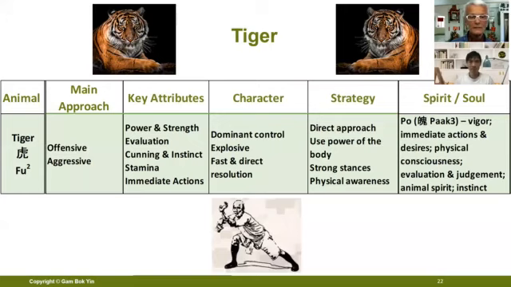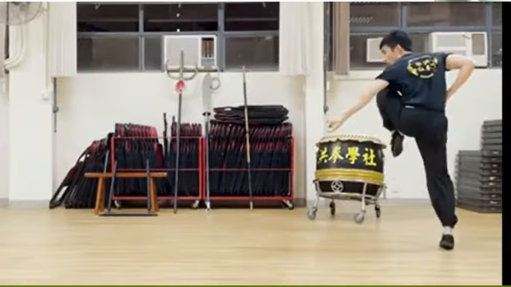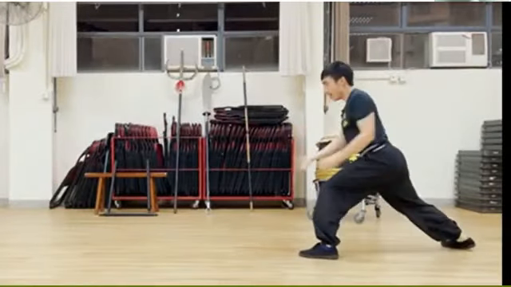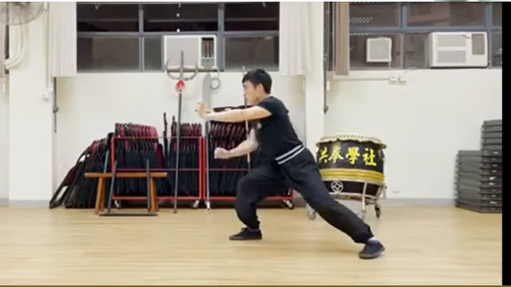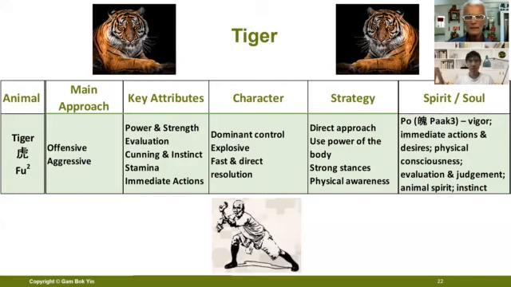It's very offensive and aggressive in its approach. It has extremely good power and strength and the ability to evaluate what's happening. It's very cunning and has good instinct and extremely good stamina, and is able to act on things immediately.